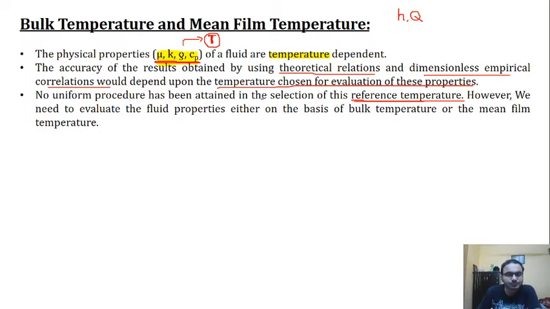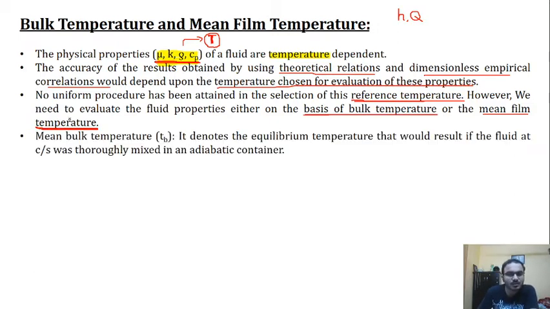However, we need to evaluate fluid properties either on the basis of bulk temperature or mean film temperature. Now one by one we will see what is this mean bulk temperature. First definition is mean bulk temperature T_B.